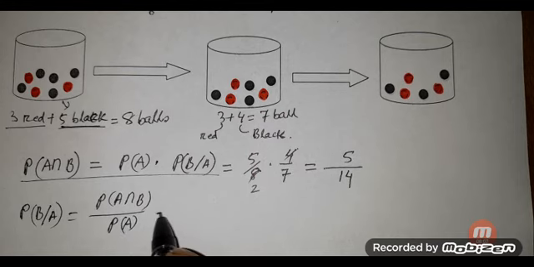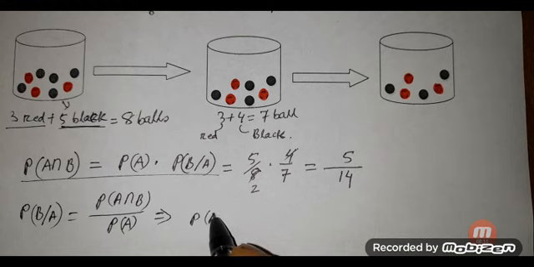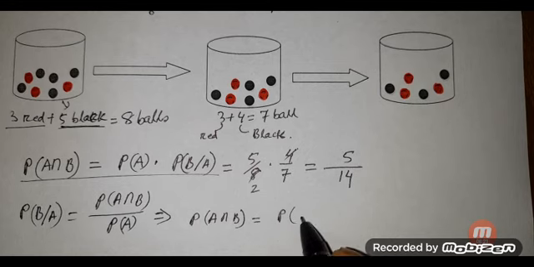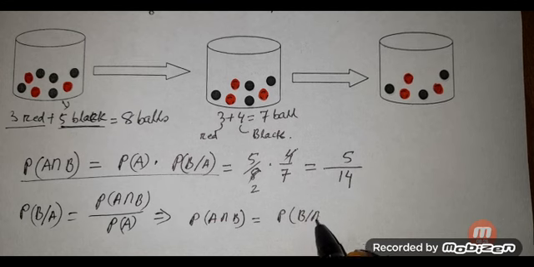Here this implies probability of A intersection B is equal to P of B given that A into P of A.